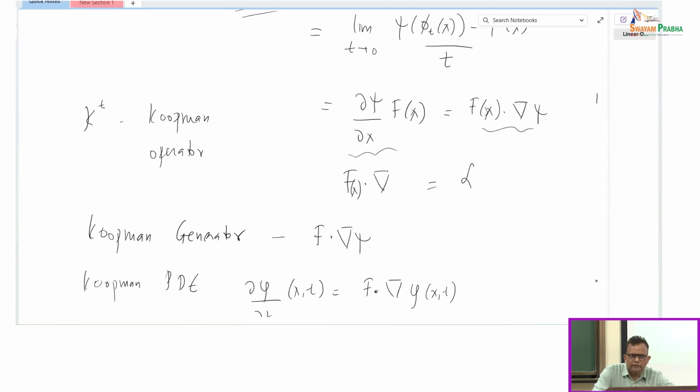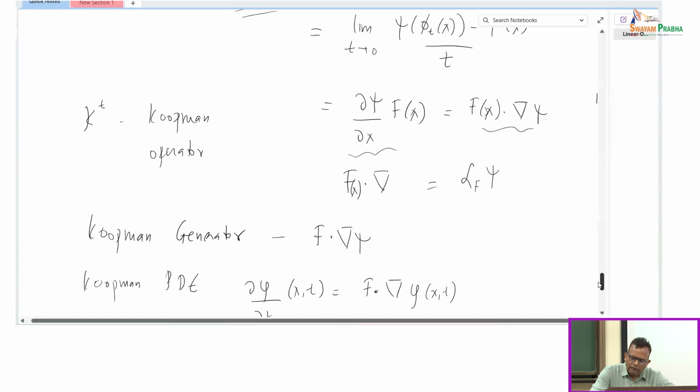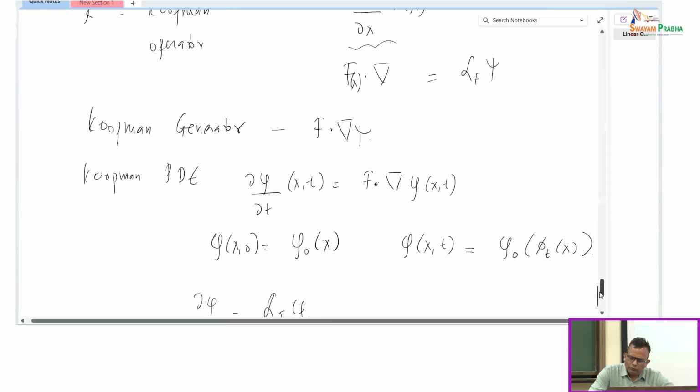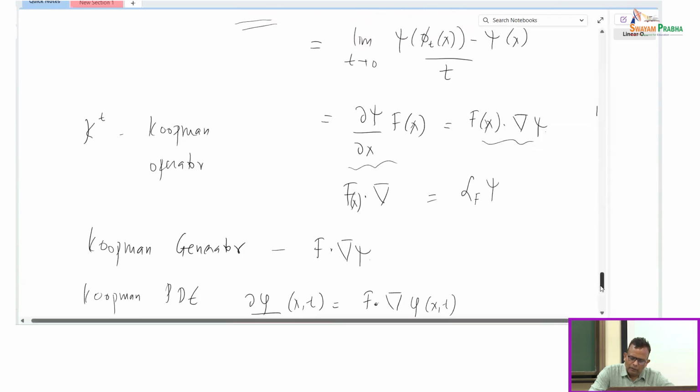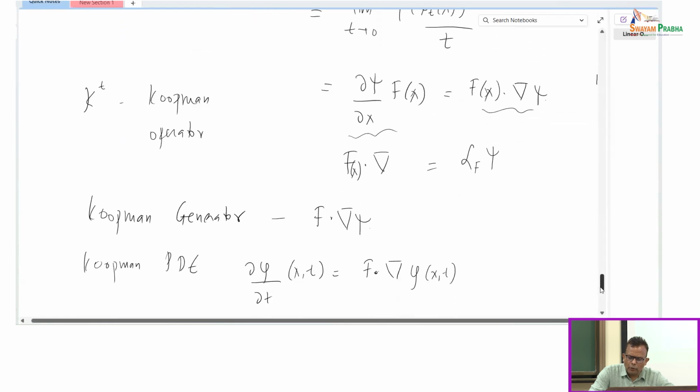Those who are familiar with differential geometry concepts, it is nothing but the Lie derivative of the function psi along the direction of the vector field f. I'm not doing the proof of this, but I can point to the reference for the proof.